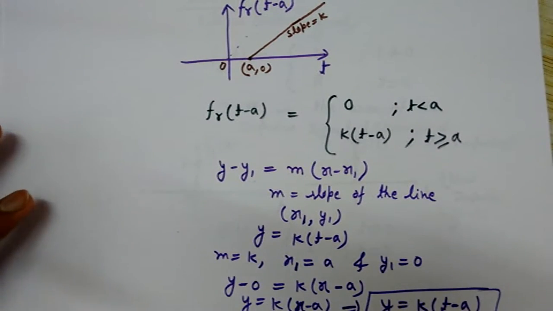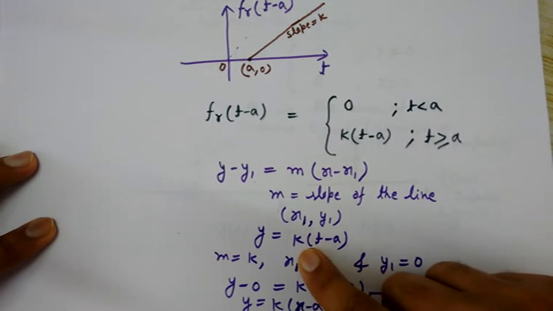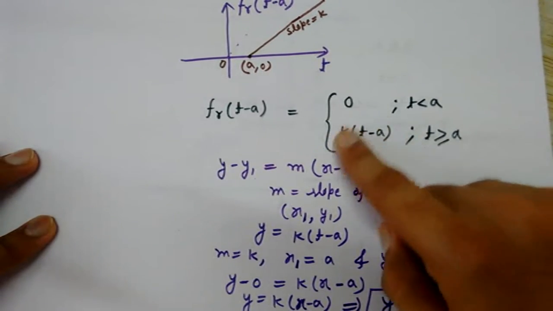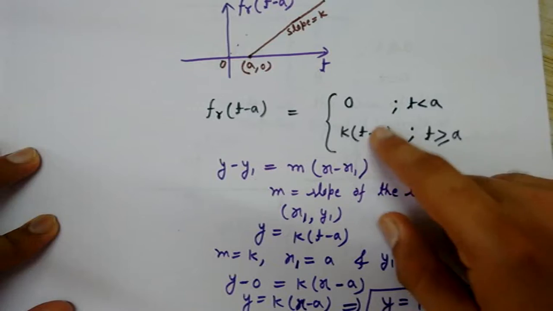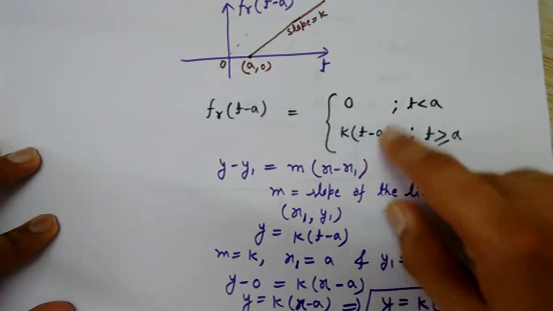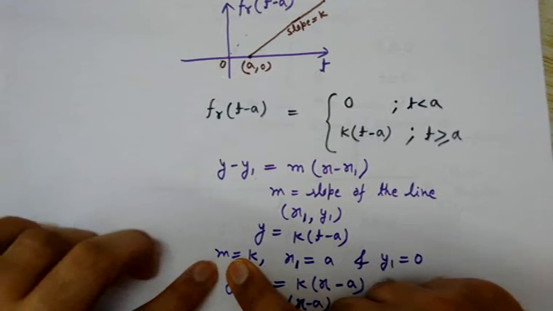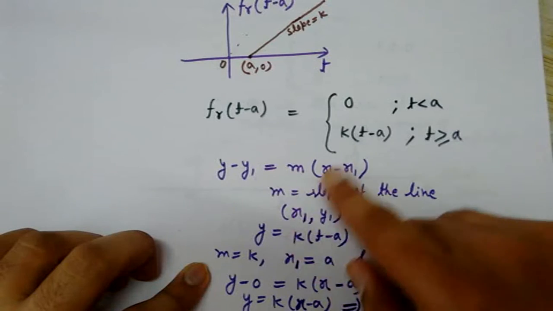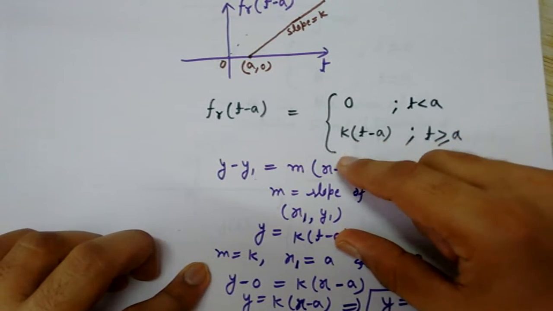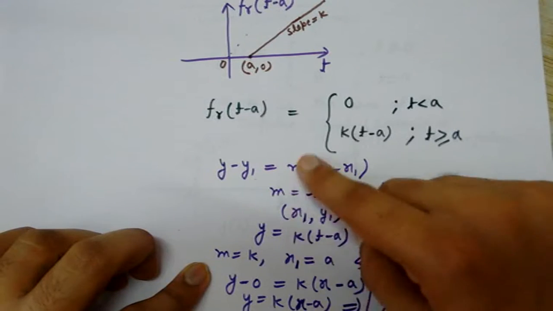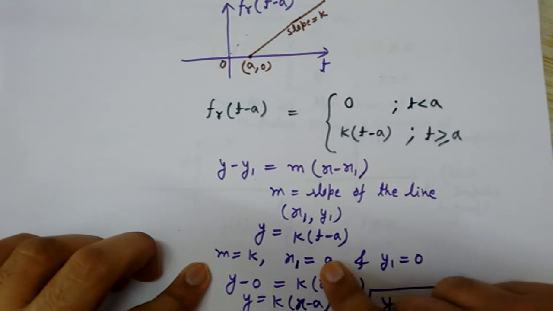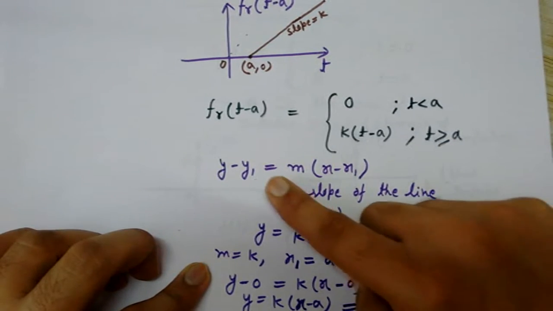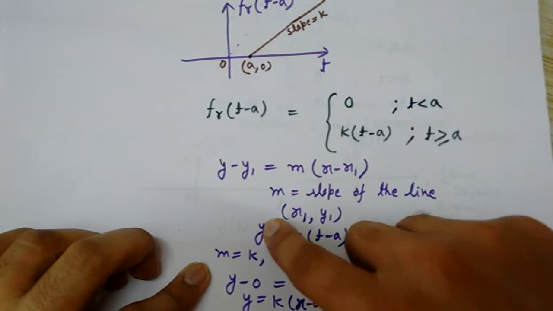So y equals k(t minus a). We are proving by this approach how to get this equation. Here m equals k. If you compare with this, k is m, x1 is a, and y1 is 0.